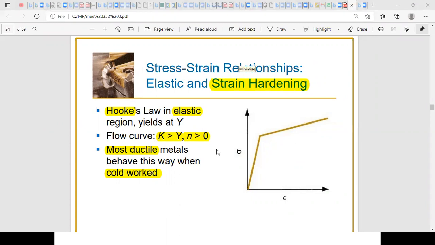Can you justify your answer, Mahdi? Or George? You need to justify your answer. Why is it log-log or normal? In the log-log scale, how do you expect the variation of sigma versus strain?